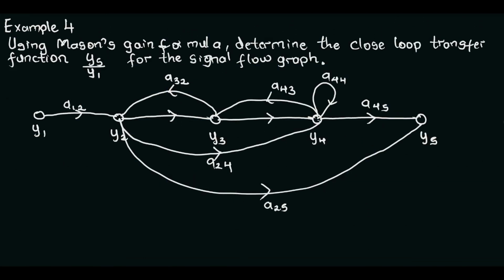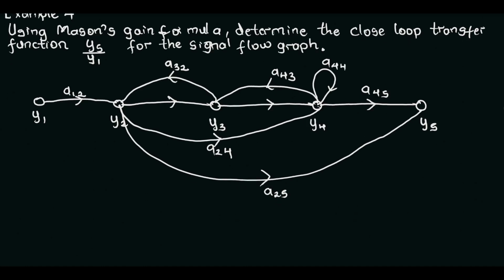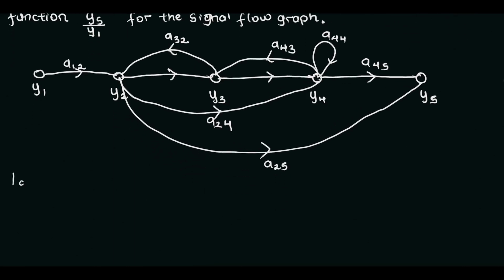Example 4. Using Mason gain formula, determine the closed loop transfer function Y5 over Y1 for the signal flow graph. Your first step is to identify forward paths. So let's look at the forward paths we have.